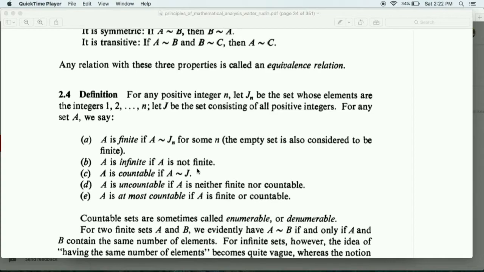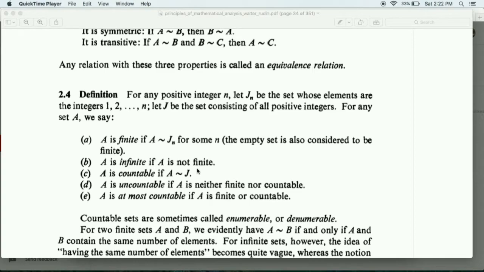Also, if A is equivalent to J, that is the set of all positive integers, we say A is countable. And if A is neither finite nor countable, that is, there does not exist a one-to-one correspondence with some Jn nor with J, then we say A is uncountable.